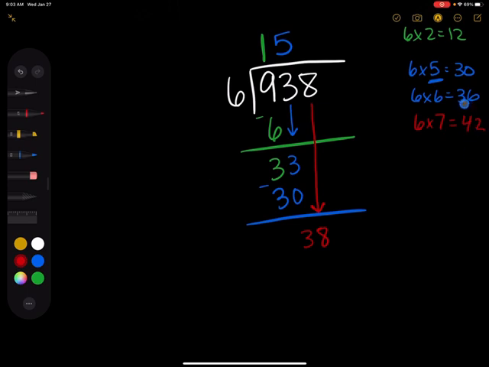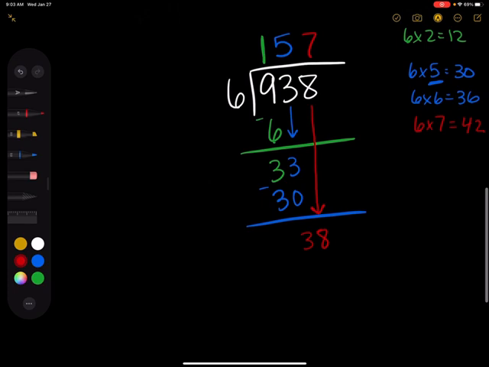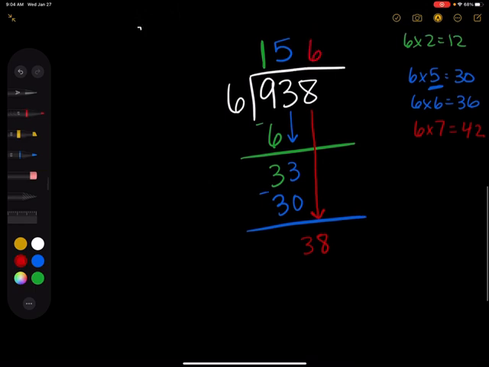Okay? So 42 is too much, so 7 groups of 6. 7 times 6 is, I said 6, but I wrote 7. 6 times 6 is 36. There we go. So 6 groups of 6 is our 36.